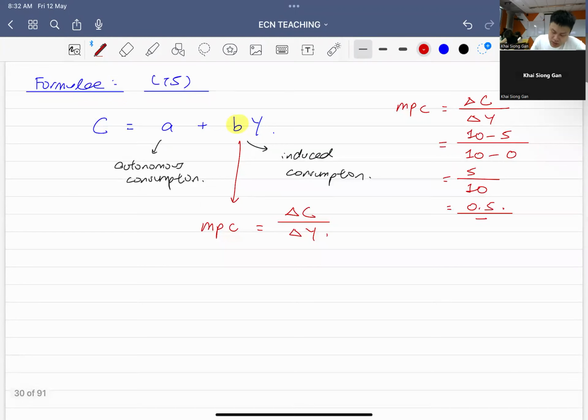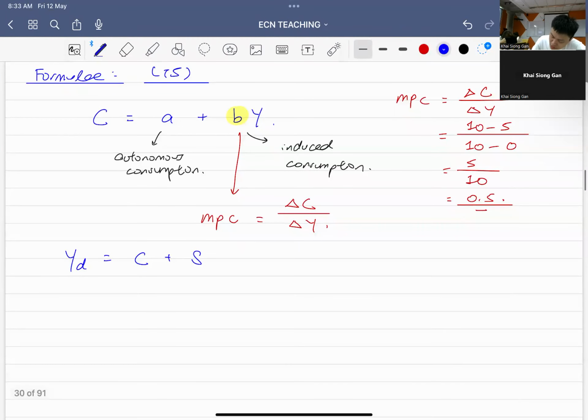Okay, now we've got the consumption function ready. Now, how do we find the saving function? Again, we use our logic here. Once you earn the income, you either consume it or save it. Income equals the amount that you consume plus the amount that you save.